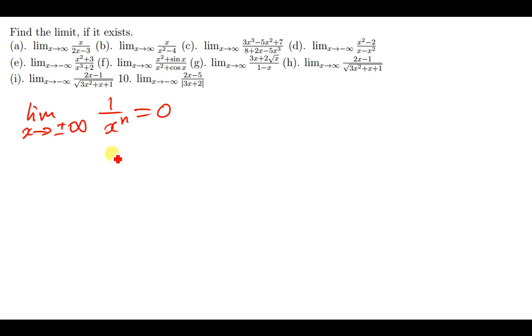For example, the limit of 1 over x squared as x approaches positive infinity is simply equal to 0. This n can be any number, in short.